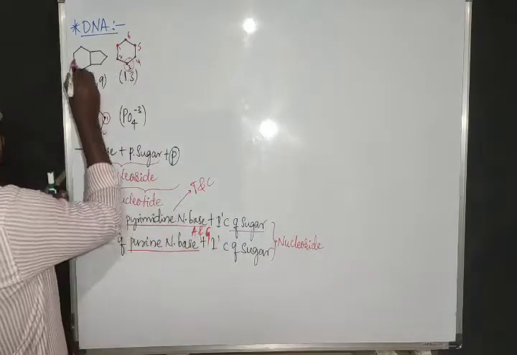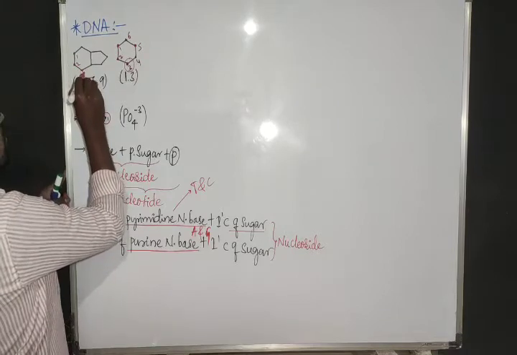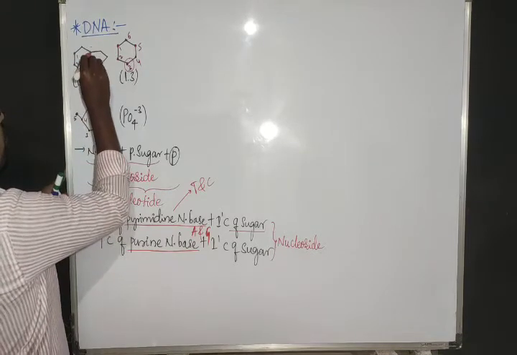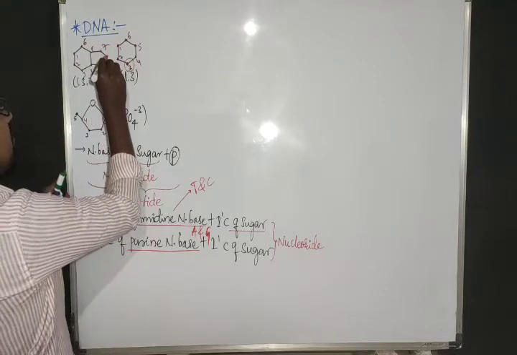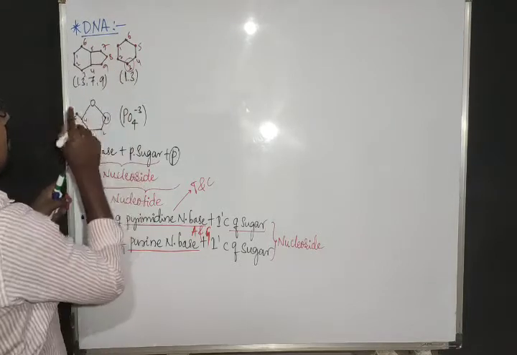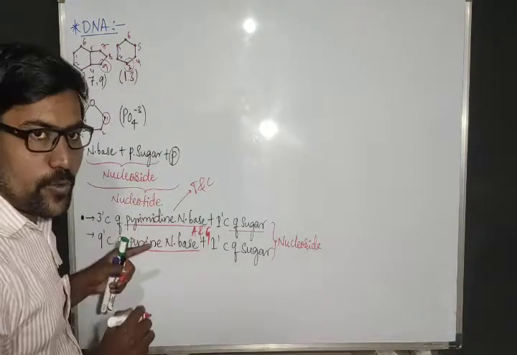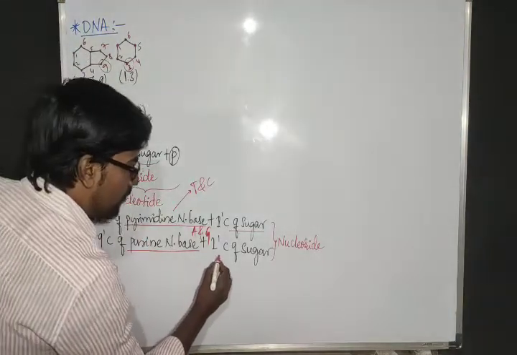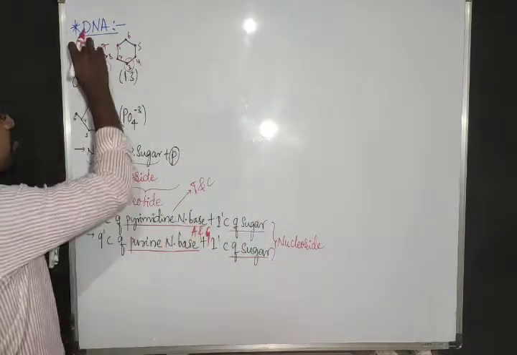Ninth carbon, see here. Let's start from this carbon: 1, 2, 3, 4, 5, 6, 7, 8, 9. This ninth carbon of the purine combines to the first carbon of the sugar. This is constant, the first carbon of sugar.